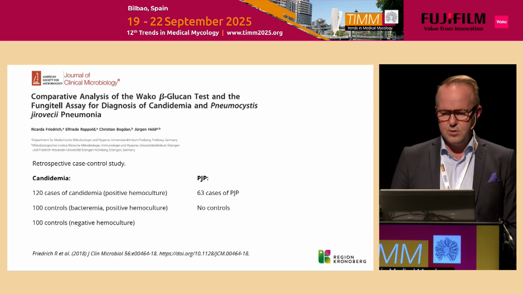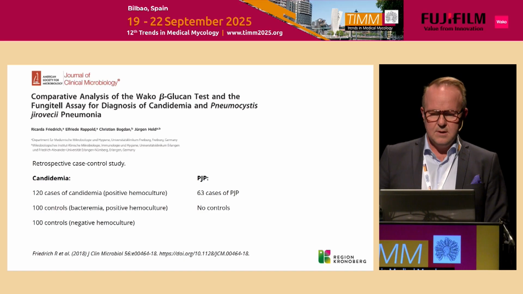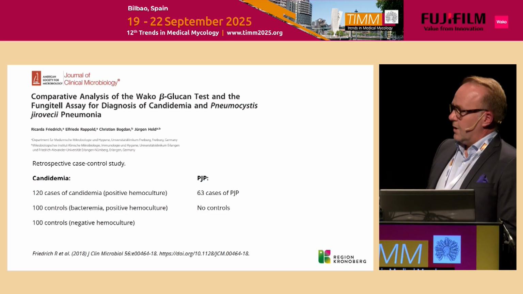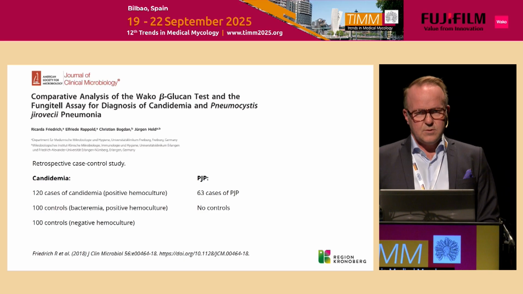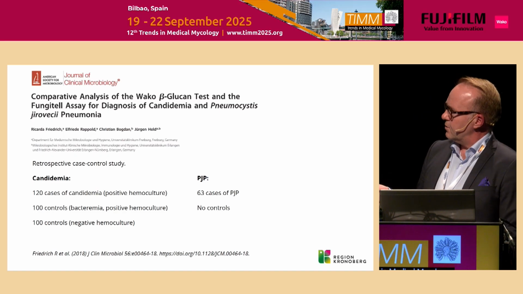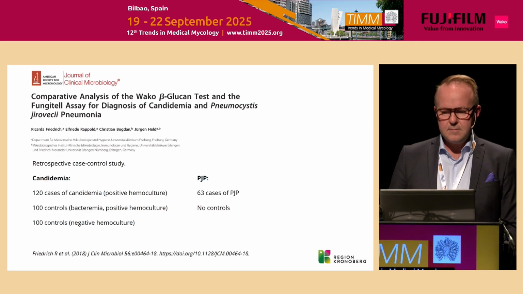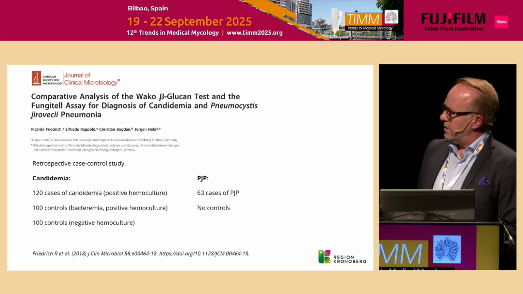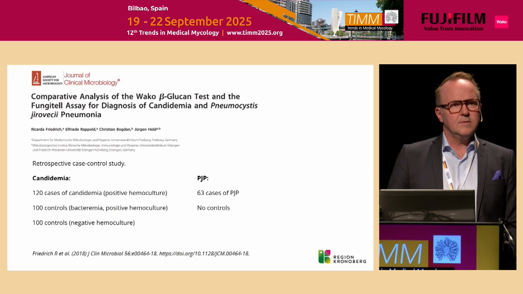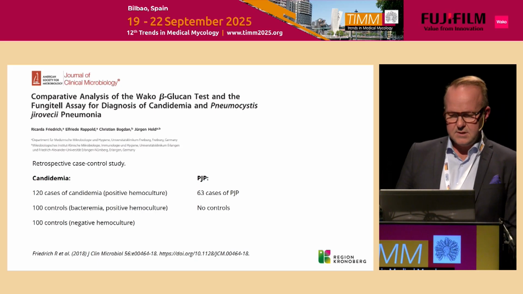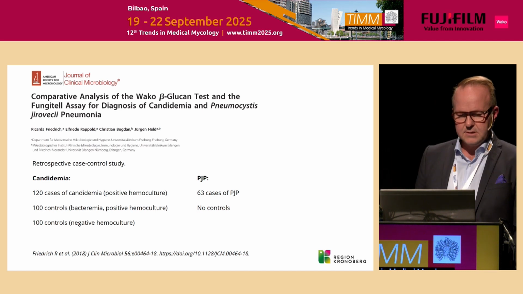The first one is from Freiburg University Medical Center, a retrospective study using archived serum samples stored at -80 degrees. They looked at both candidemia patients, 120 cases, and 63 cases of pneumocystis pneumonia. The candidemia patients were majority albicans, 57% if I remember correctly, and the rest non-albicans.